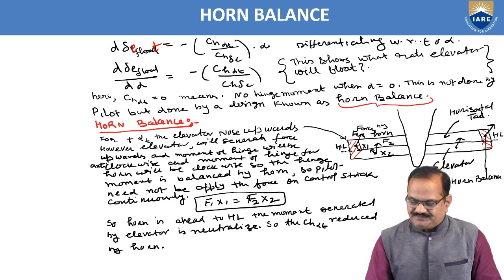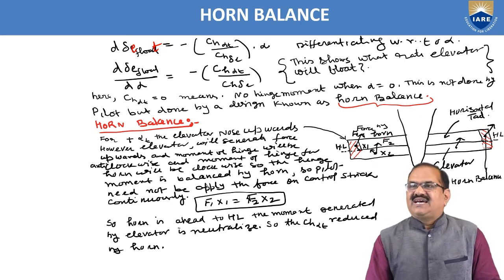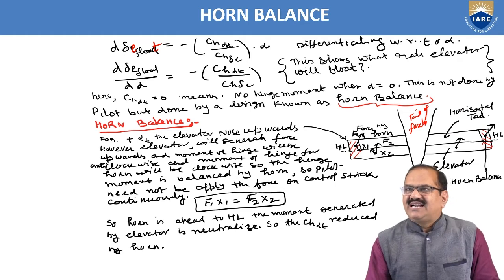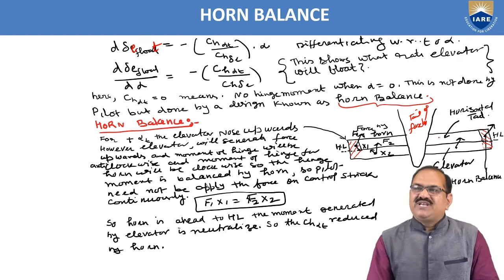This you can see here. Here is the tail part of the aircraft fuselage. Here you have fixed your horizontal tail. This is the horizontal tail, and here you have the elevator.